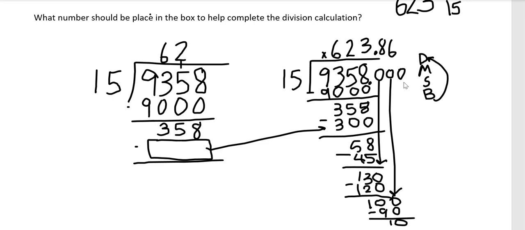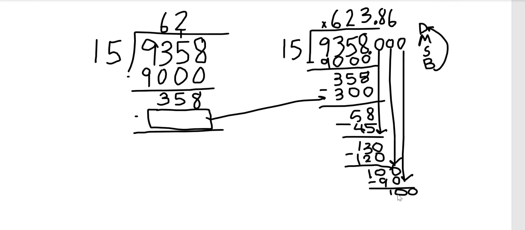And then I can bring down another 0. And I'm at 100 again. So 15 goes into 100 6 times, I'm going to multiply and get 90 again, and subtract and get 10 again. Then I bring down the next 0 and I'm at 100 again.